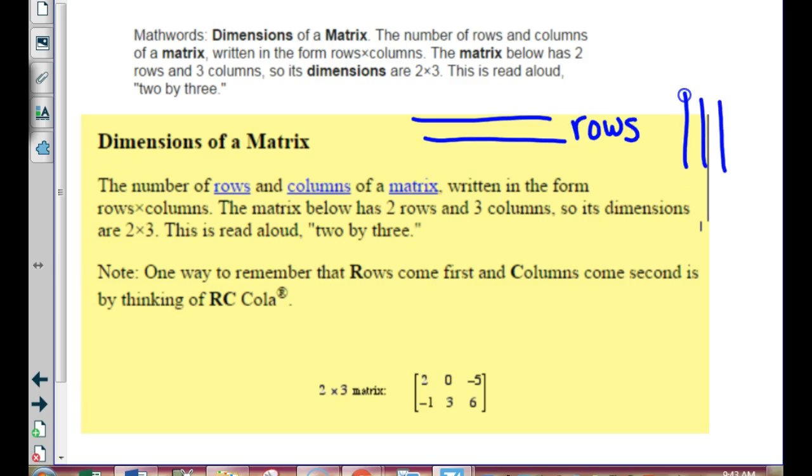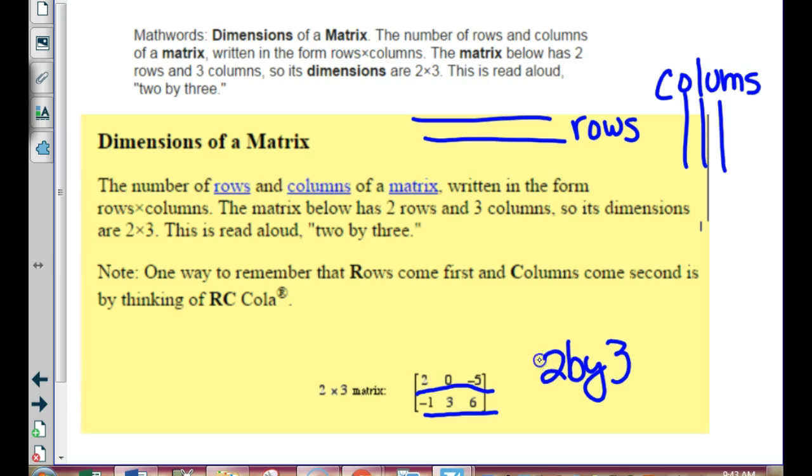These are columns, just like on the front of a big old house that can have columns or pillars, they go up and down. So this has 2 rows and 3 columns. Everybody good? 2 by 3. It's rows by columns.